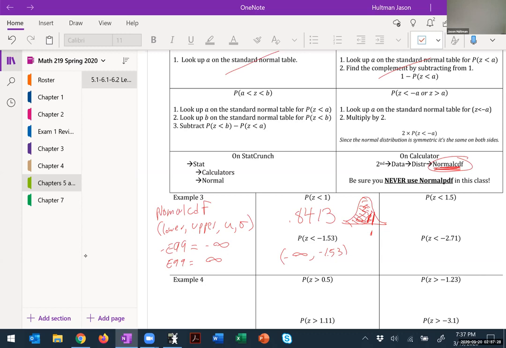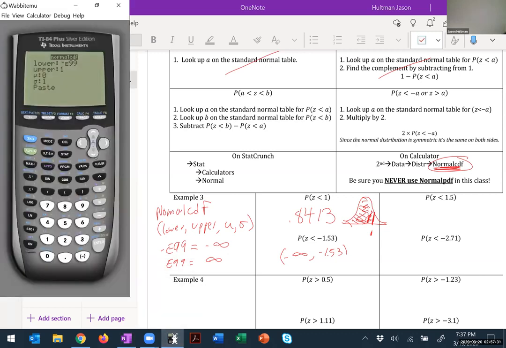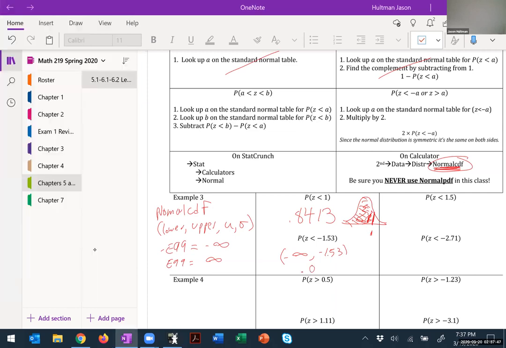Okay, so let's just arrow down to negative 1.53, 0, 1. These are all z-scores. So I'm going to hit enter and it pastes it, and this becomes 0.0630, right? Okay.